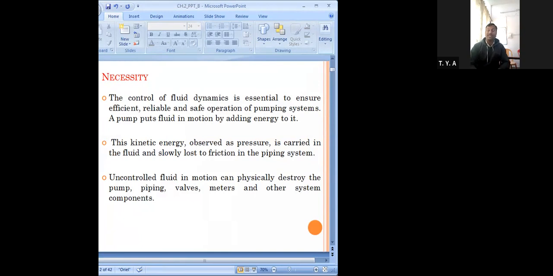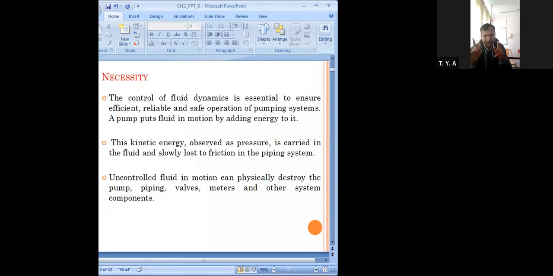But here the question arises: what are hydraulic valves? The simple definition I will say is that hydraulic valves are devices which are used to control pressure, flow direction, or flow rate in the hydraulic circuit.